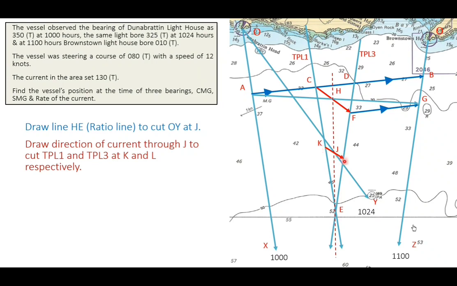And the point where this current direction line touches TPL3, let's name this as point L. So you can also see point L on the plot. We have reached up to points K and L, both identified in our plot.